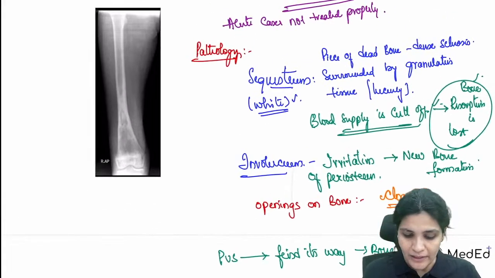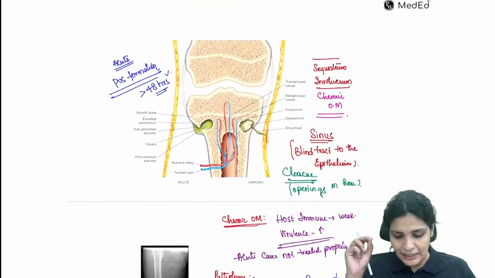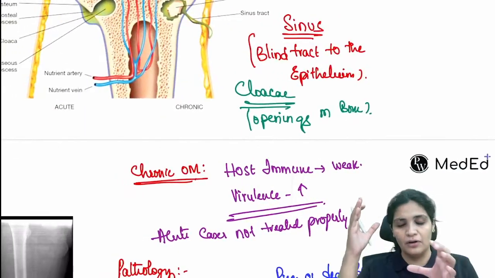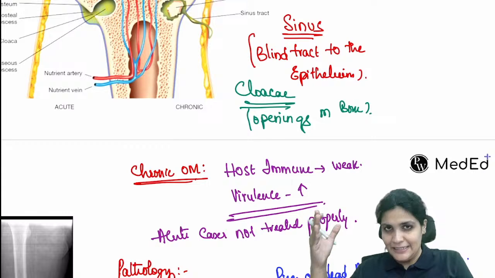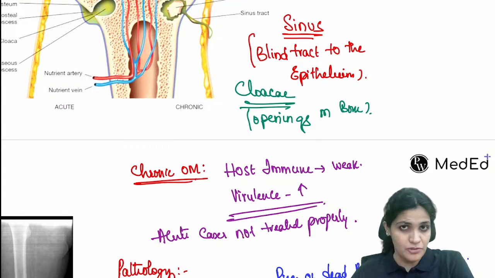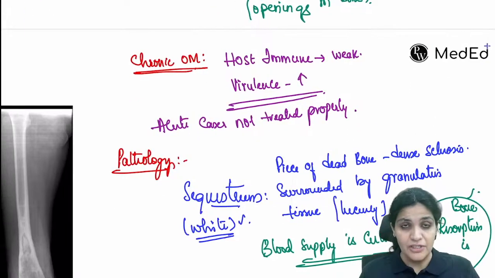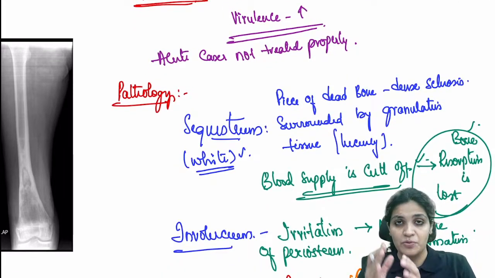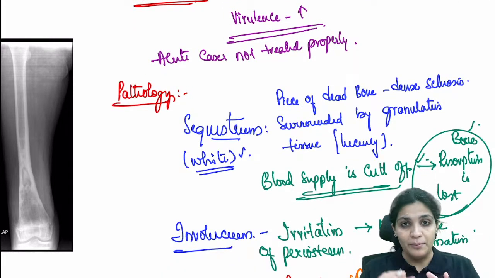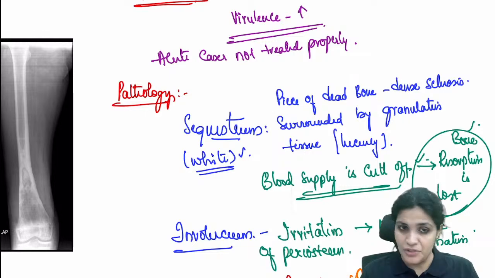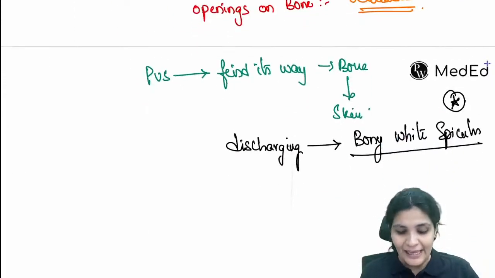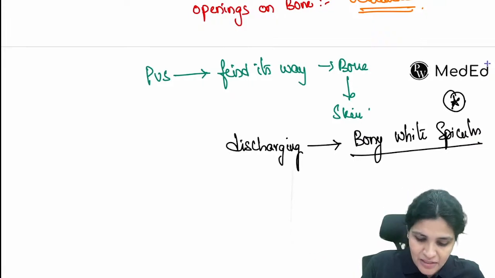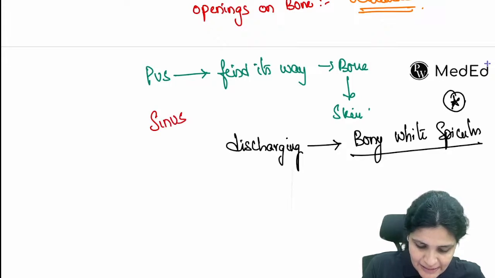You have to put all these words. First you start with why it has landed up in chronic osteomyelitis. Then you write the pathology: the blood supply is cut off, resulting in sequestrum; new bone formation, involucrum; openings in the bone, called cloacae; and then this pus sometimes finds its way from the bone to the skin, discharging bony white spicules, and this is called the sinus.